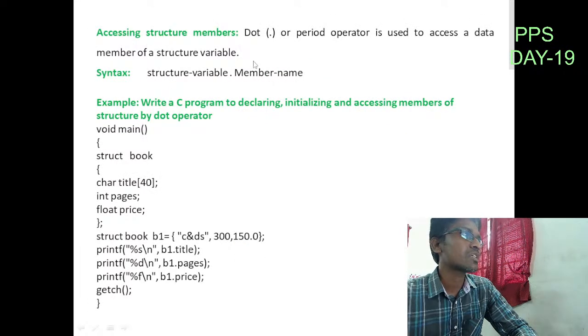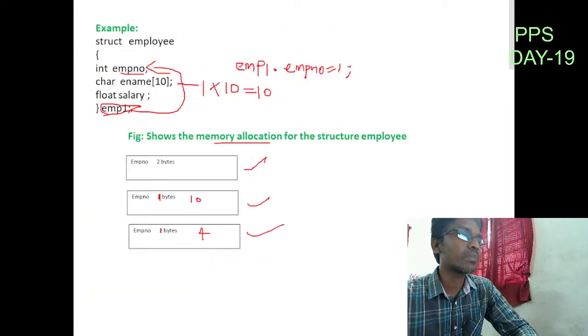The next topic is accessing. How do we access the structure members? If you want to access a structure member, you use the structure variable followed by the dot operator and followed by the structure member name. For example, in the previous slide I showed emp1 dot employee number. Here emp1 is the structure variable, followed by the dot operator, and emp number is a member of the structure.